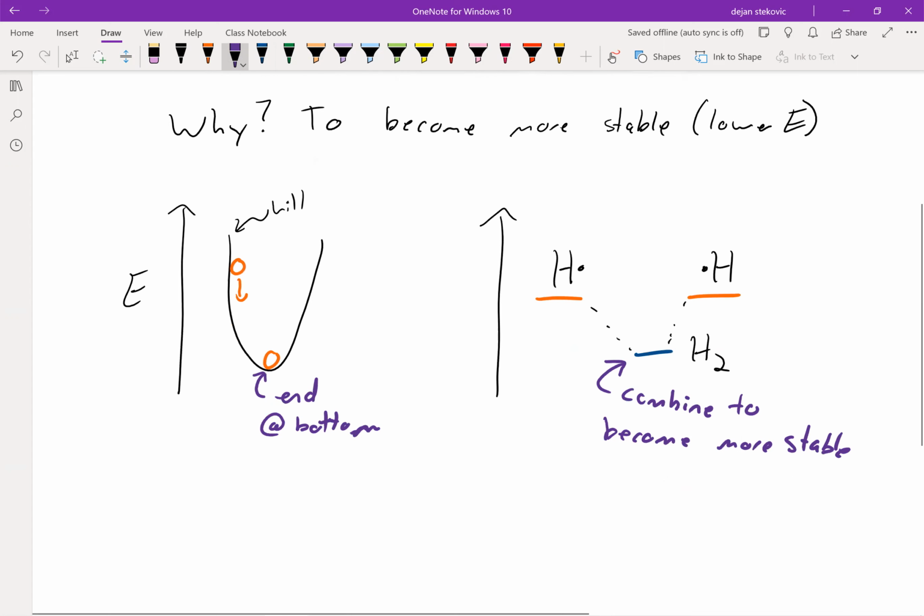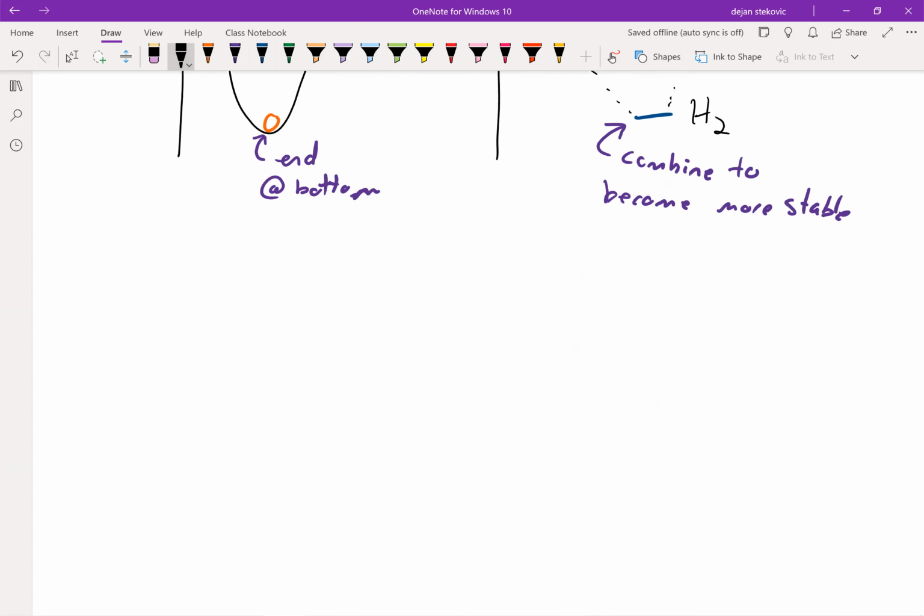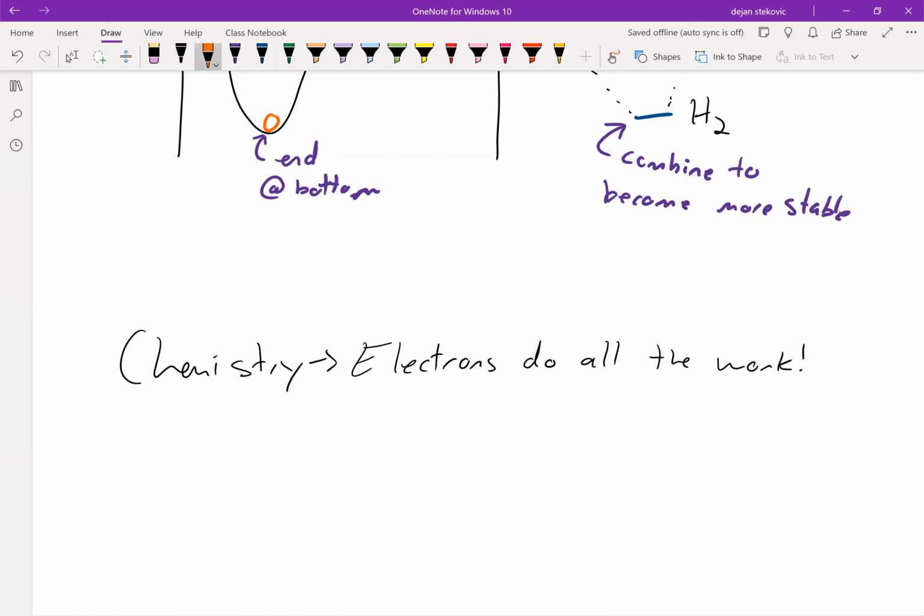All right, so when we're talking about chemistry and we're talking about chemical bonds and compounds, what we're talking about really is the electrons. The electrons are what's going to do all the work. They're the ones that are going to combine in these chemical bonds. However, how these electrons combine depends on the identity of the nucleus and thus the element, right?